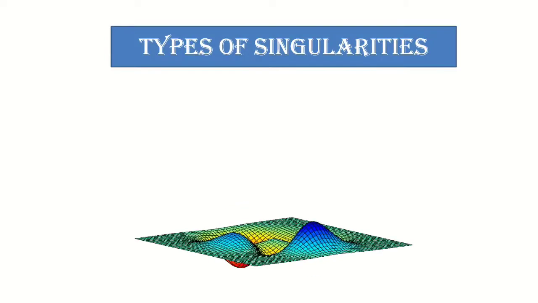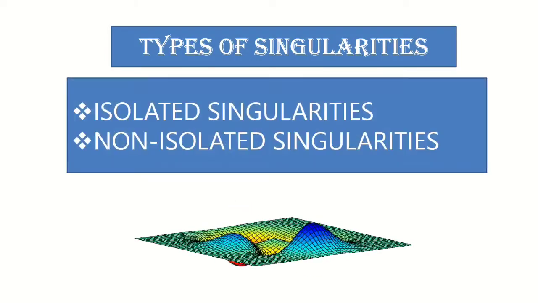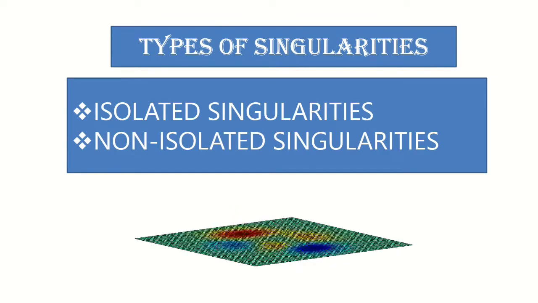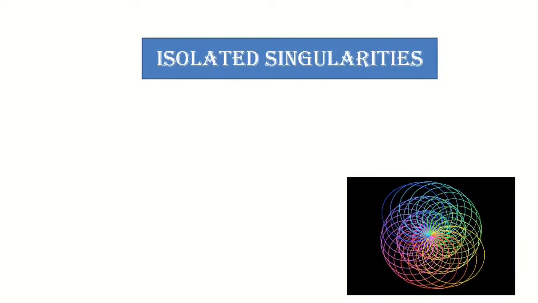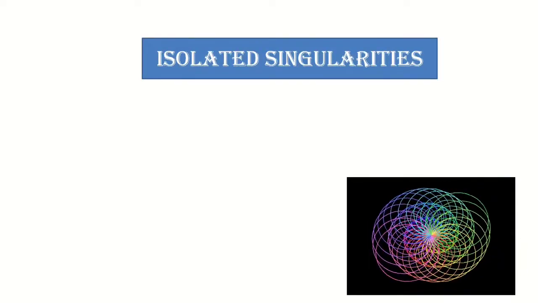There are two types of singularities, namely isolated singularities and non-isolated singularities. What are isolated singularities?